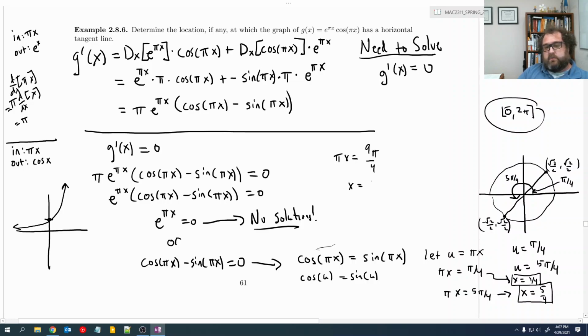So x equals 9 over 4. Well, is 9 over 4 between 0 and 2 pi? Well, yeah, I mean 2 pi is 6.28, so 9 over 4 is 2.25. So that's another solution there. I didn't think about that, so I probably need to think about that and add some solutions here. Because that's another solution.